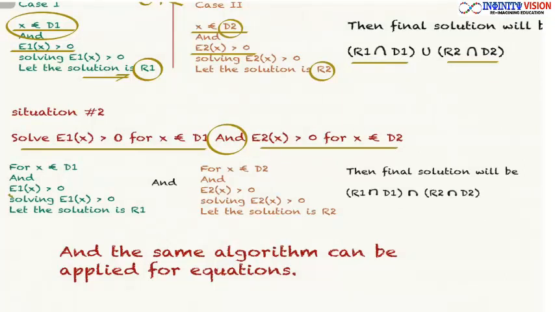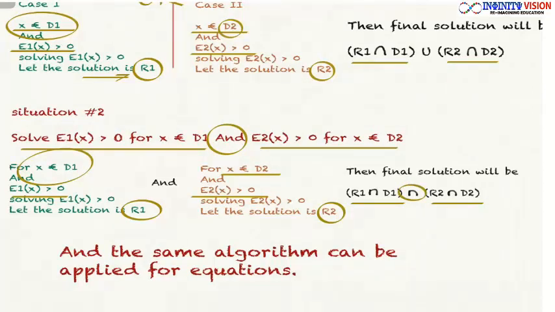Let the answer for the first part be R1, so that part is R1 intersecting D1, and for the second part, with solution R2, it is R2 intersecting D2. Since we need the solution satisfying both inequations, we take the intersection. So the final solution is (R1 ∩ D1) ∩ (R2 ∩ D2). The same algorithm can be applied for equations.